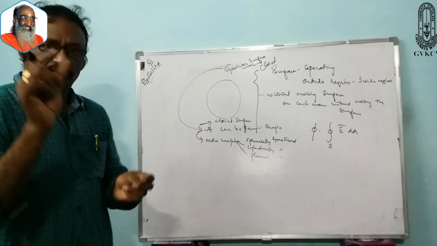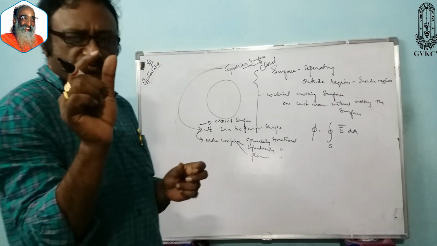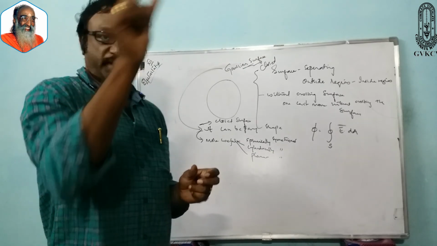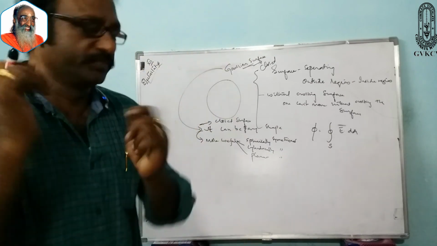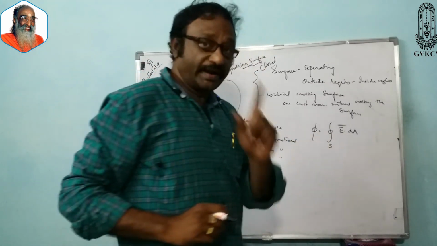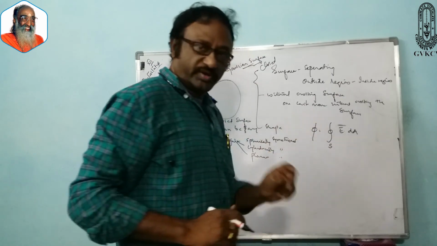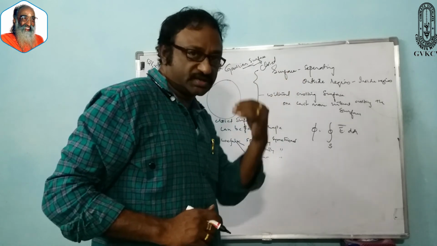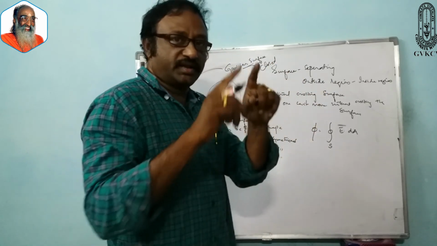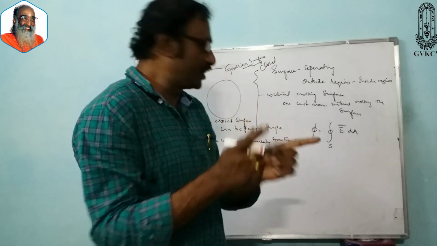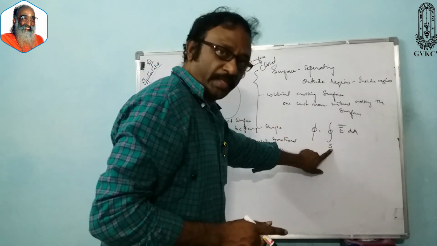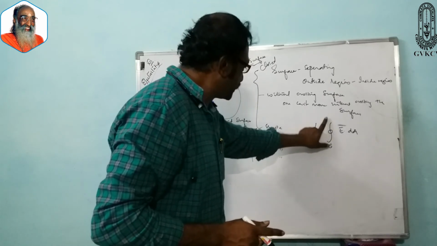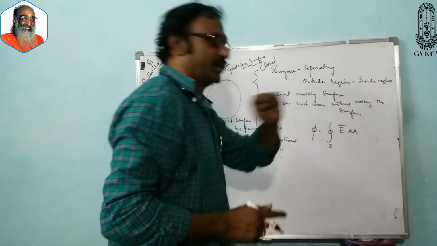On the surface we take a small region and find the electric flux from it. Similarly, many small regions are there around the surface, so we go for integration. For a surface S we keep S here, and to show that it is a closed surface we keep a circle on the integral. So it is the integral over the closed surface S of E dA.